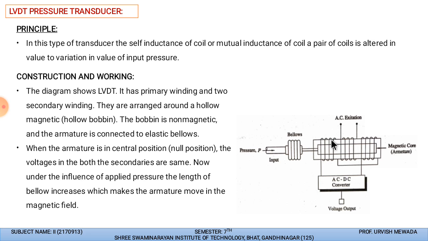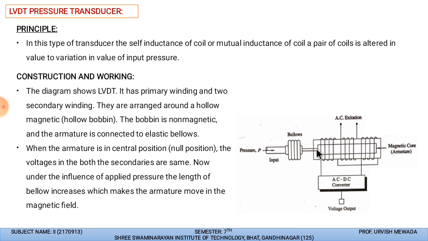The two secondary windings are both connected in a differential manner, and the windings are wound on the former, and the former has a hollow construction in which we can pass the core, and we can move the core linearly.